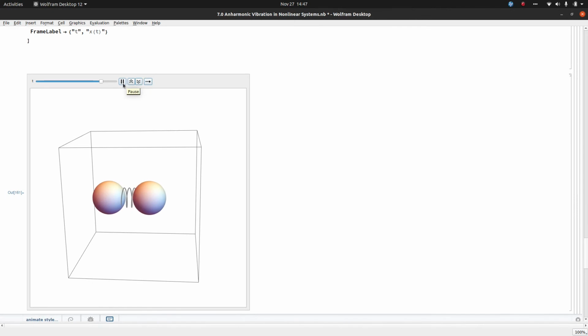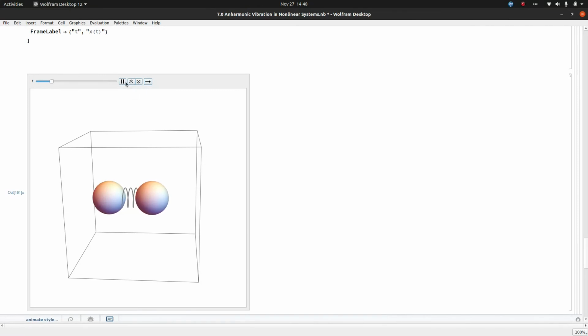Goes boing and boing and boing, and it's hard to tell, but let me rephrase that. When it's compressed, it's moving and accelerating faster than when it's stretched.